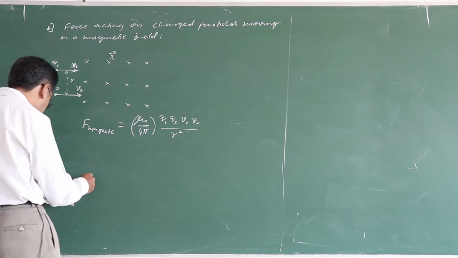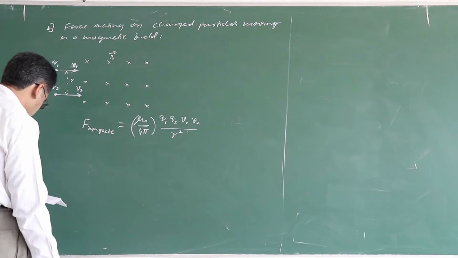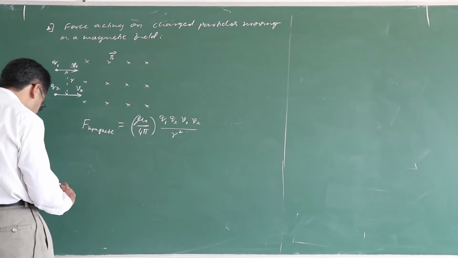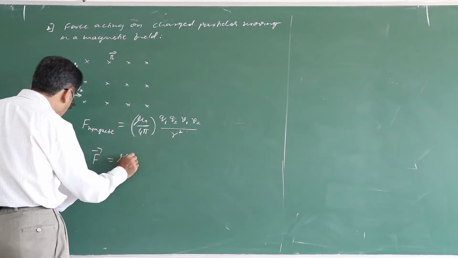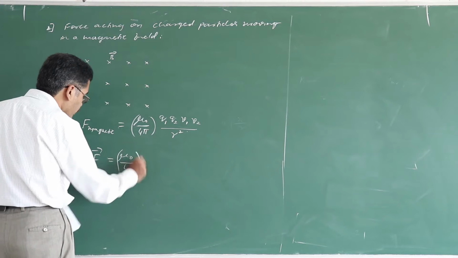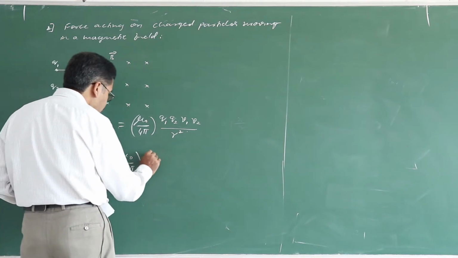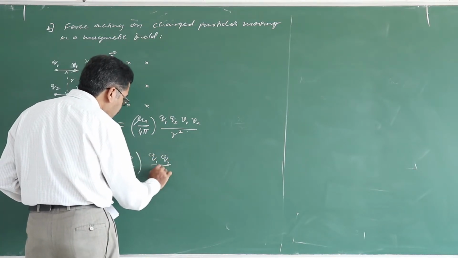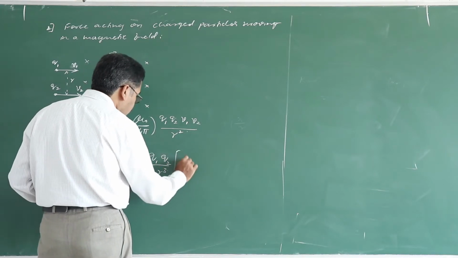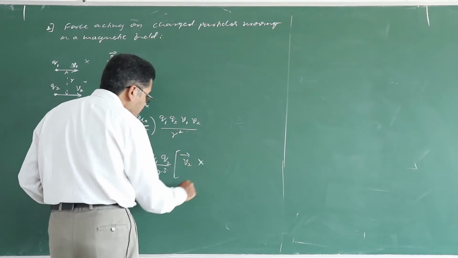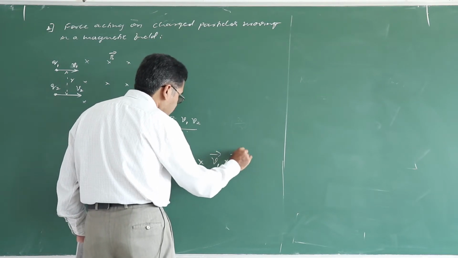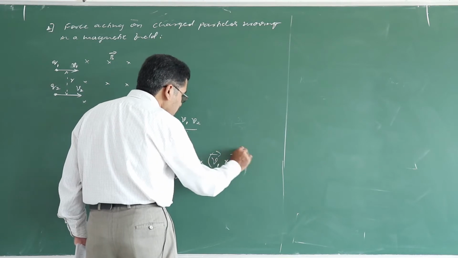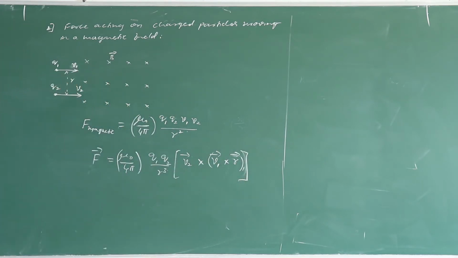In a vector form we can write the force due to magnetic field acting on them, F is equal to mu naught by 4 pi Q1 into Q2 by R cube, V1 cross R. So in a vector form it can be put like this.